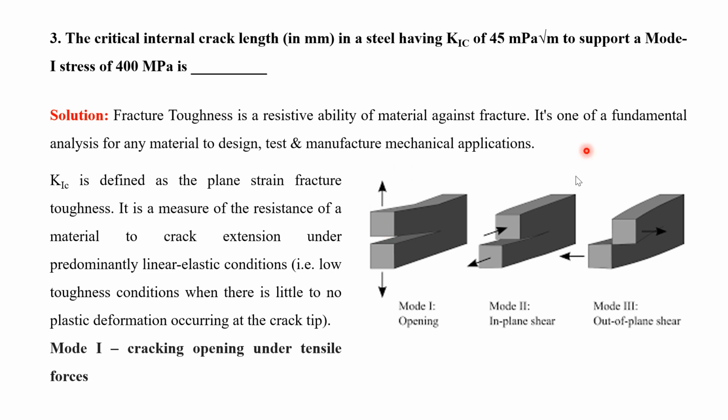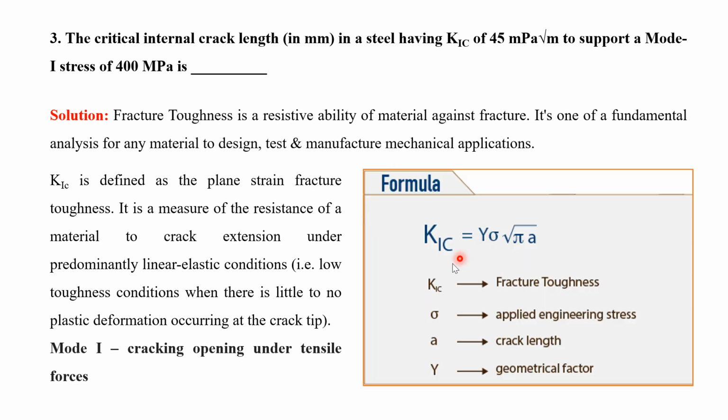So in that case, now whatever equation that you have just mentioned, K1C is equal to Y sigma root pi A. So Y we usually don't consider, it's a constant, it's a geometrical factor. Provided it is given to you, you can use it. Otherwise, K1C is equal to sigma root of pi A. And this K1C is given as 45 MPa root m over here, right?